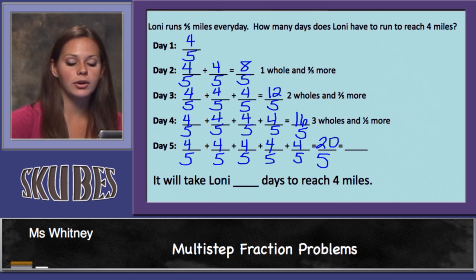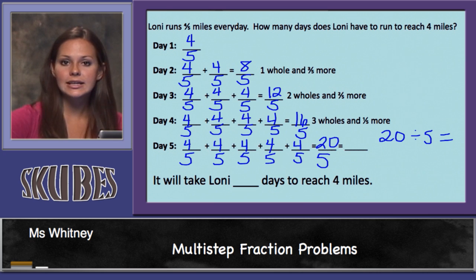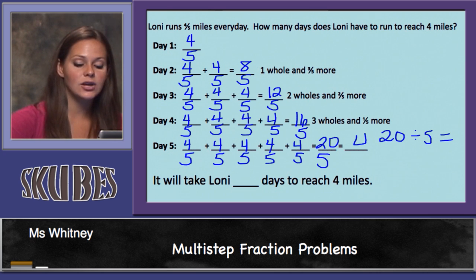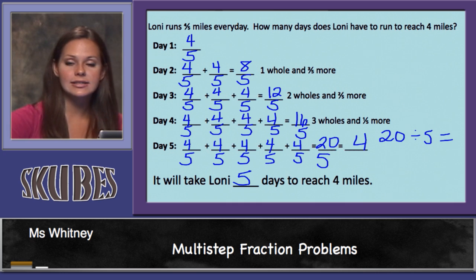To create a whole number, we can think of the fraction 20/5 as 20 divided by 5. 20 divided by 5 equals 4. It will take Lani 5 days to reach 4 miles.